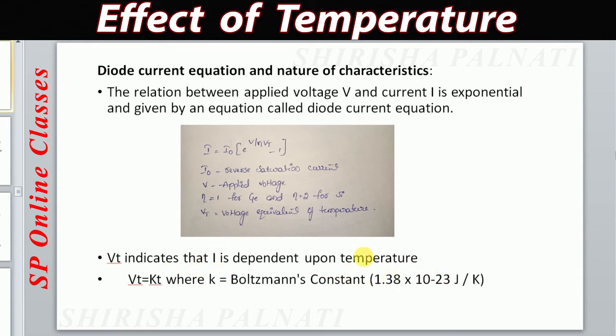If you increase the temperature, is the current increased or decreased? That depends on the temperature. Here Vt equals kT, where k is the Boltzmann constant, which has the value 1.38 into 10 to the power of minus 3 joules per kelvin.